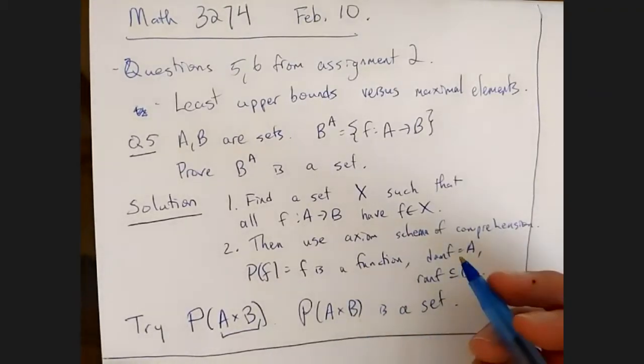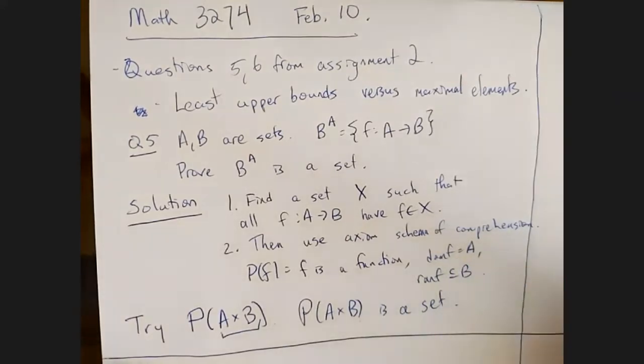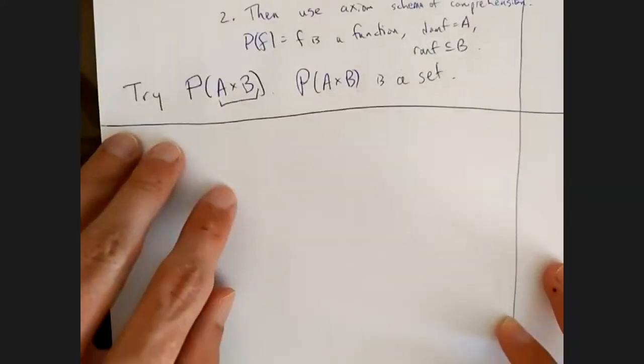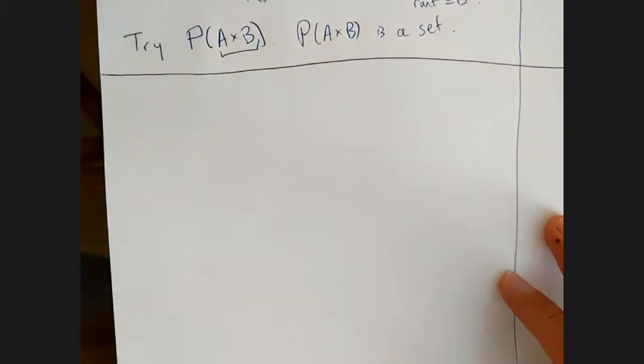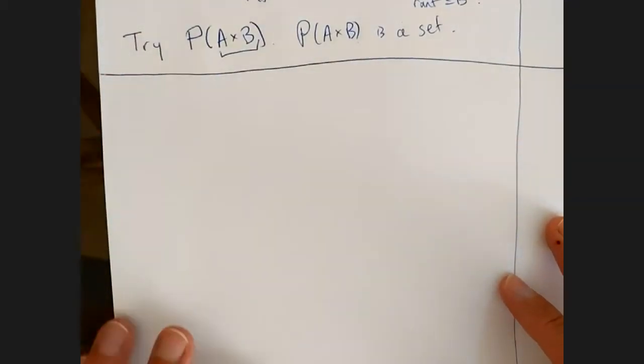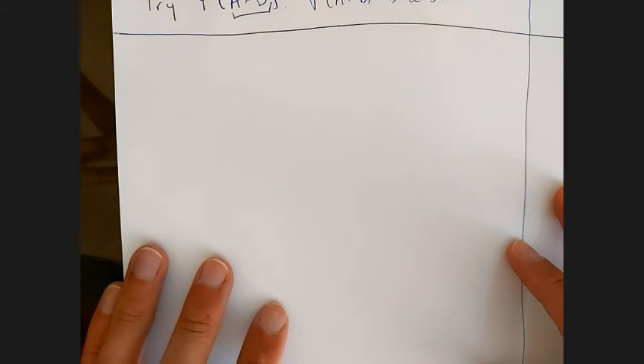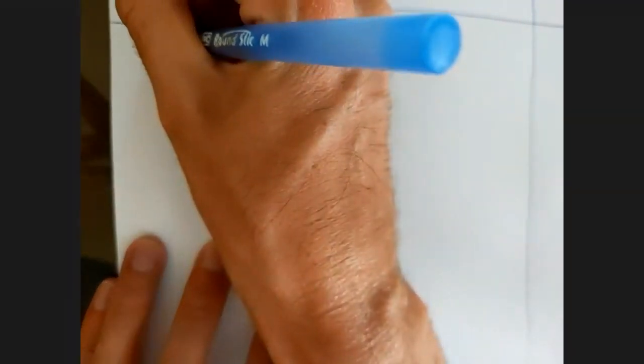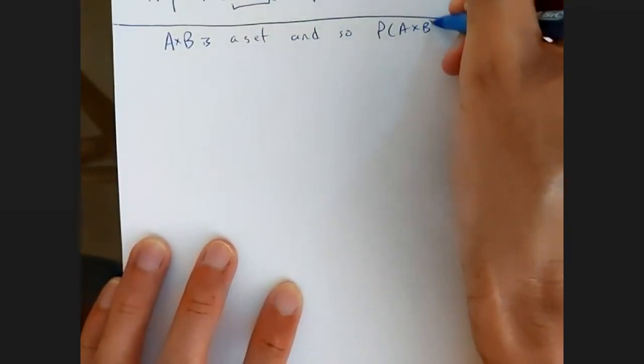Once we try to unravel it, you'll see that this is good. A cross B is a set, and so P of A cross B is a set.